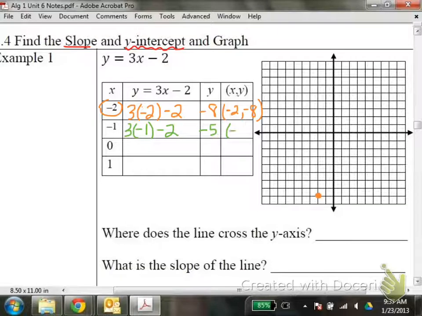So our point would be negative 1, negative 5. Let me write that better. Okay, so that's going to end up being negative 1, 1, 2, 3, 4, 5, right here.